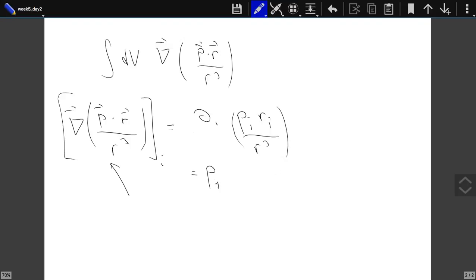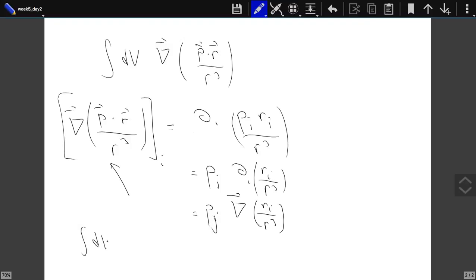This is equal to Pj of del I Ri over R cubed. This is Pj times the gradient of Ri over R cubed. Right?